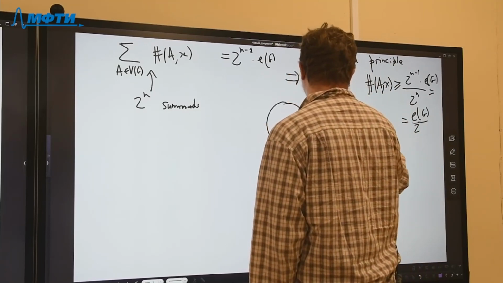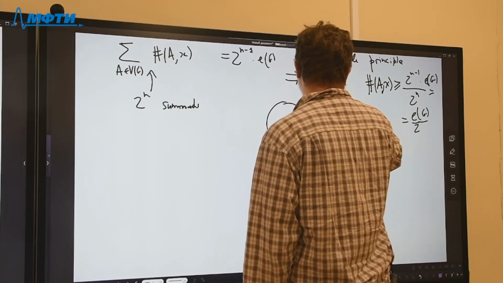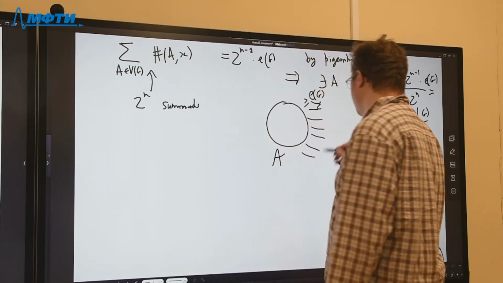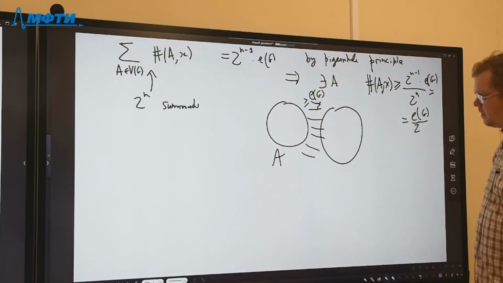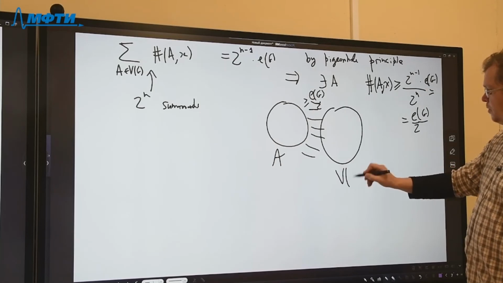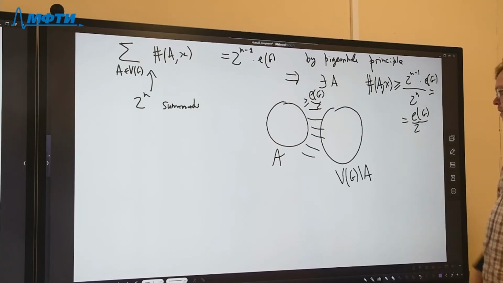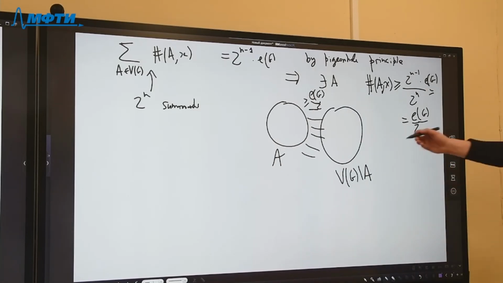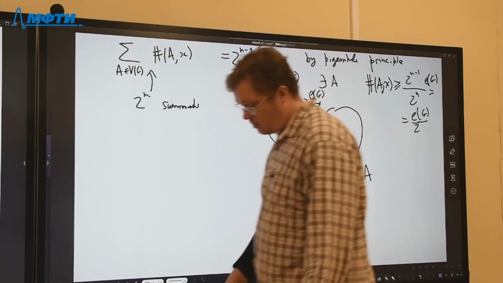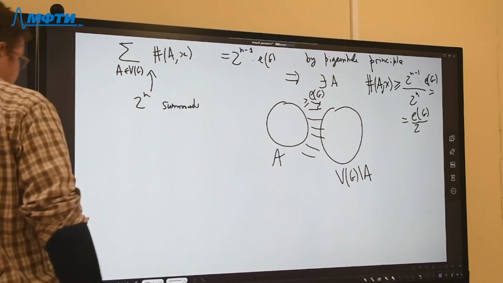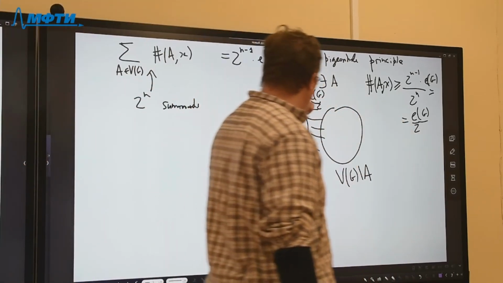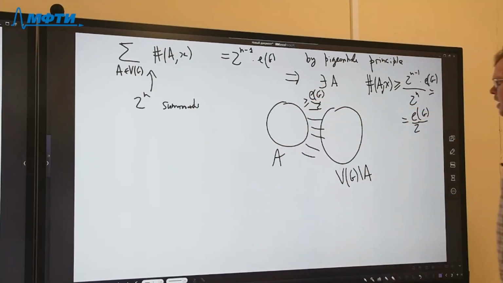So we take A as the first part and V of G minus A as the second part, and we have found two parts such that the edges between them cover at least half of the edges in our graph.